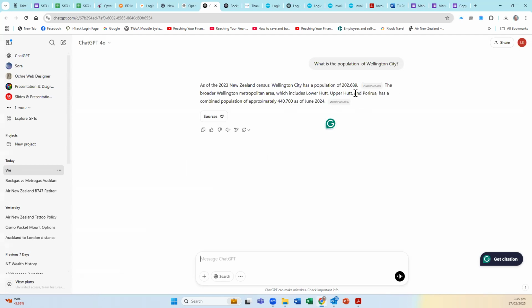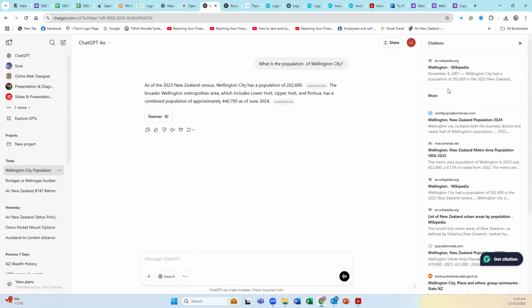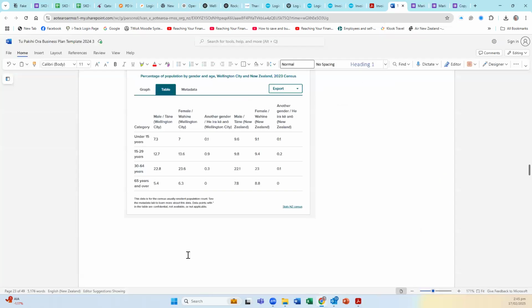So population of Wellington City, 202,689. Okay. So that's quite large because we know that 23% of them. Let me just have a look at the source. Wellington Wikipedia. Okay, so we can just source it. This is why it's important that you write down where your sources are.